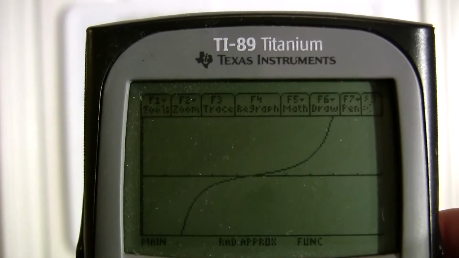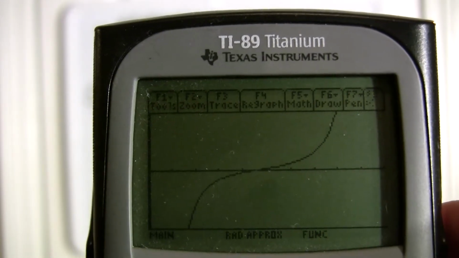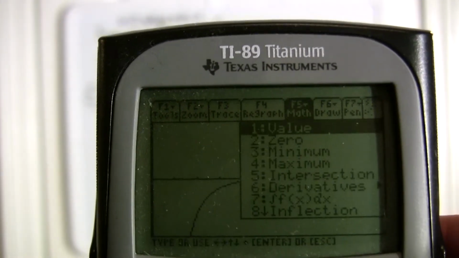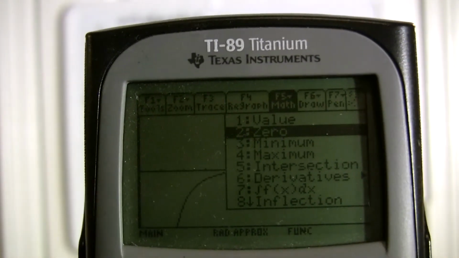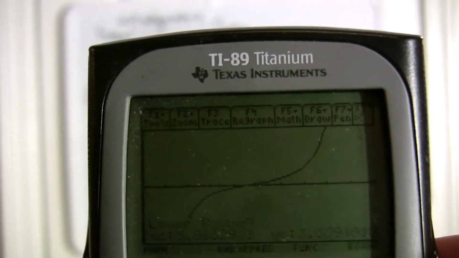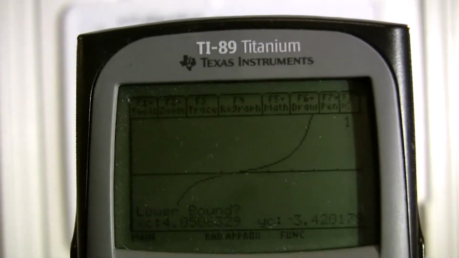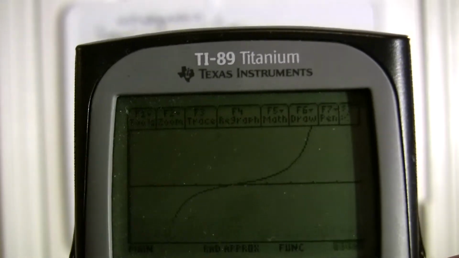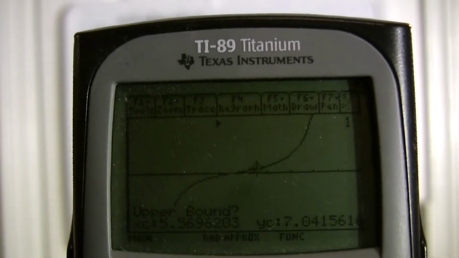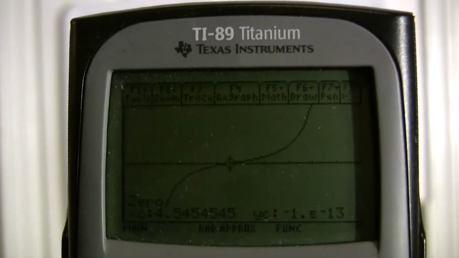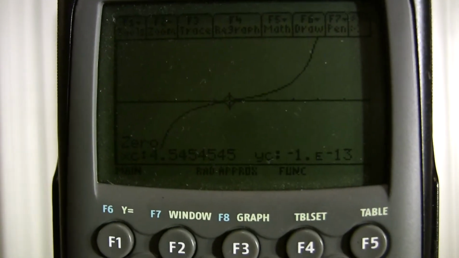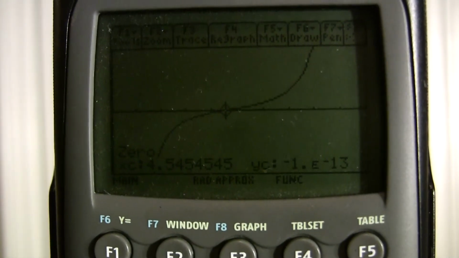So now to find that value of x, we find out where y equals 0, and we set our lower and upper bounds around that 0, and we are given 4.5454545.